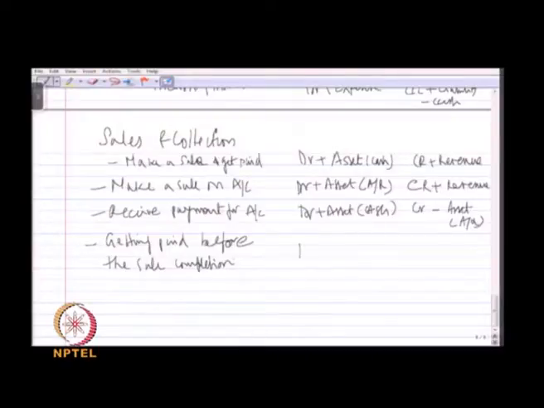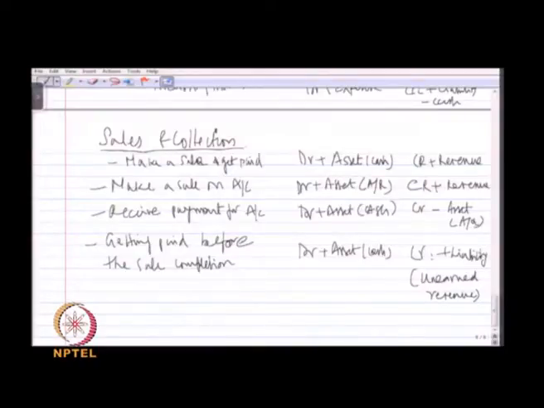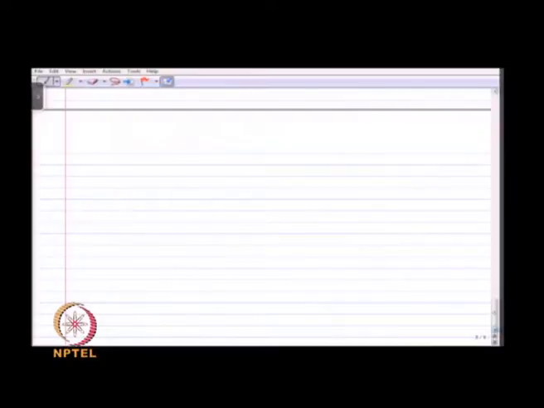Here you record this as cash and the corresponding entry will be an increase in your liability, which we usually call unearned revenue, because it is a liability: a service or product that you have not delivered, but recognized as a sale and already collected cash for it. So, these are some of the typically occurring sales and collection activities.